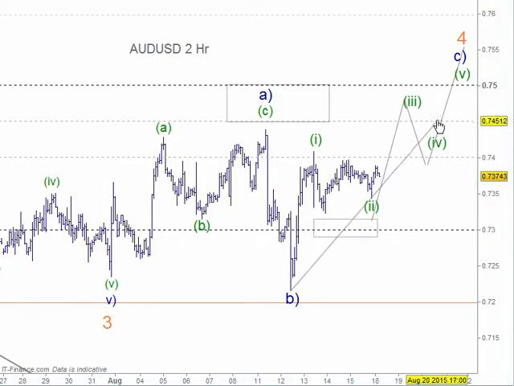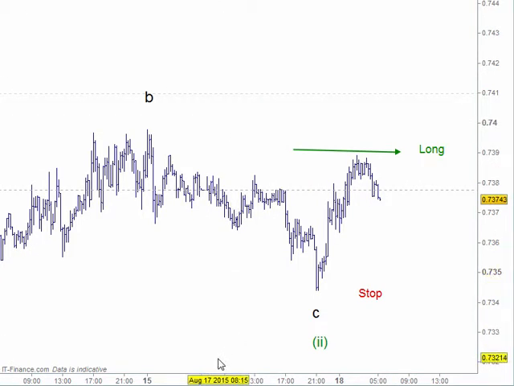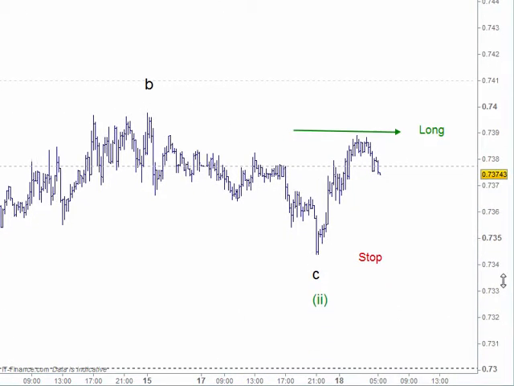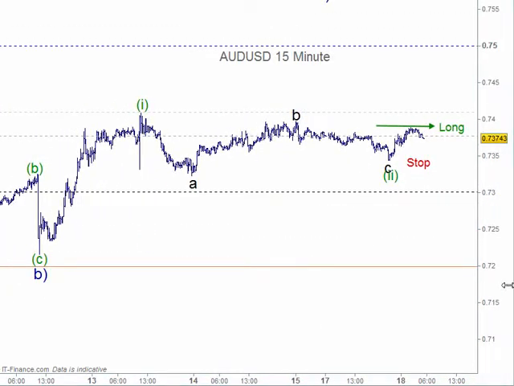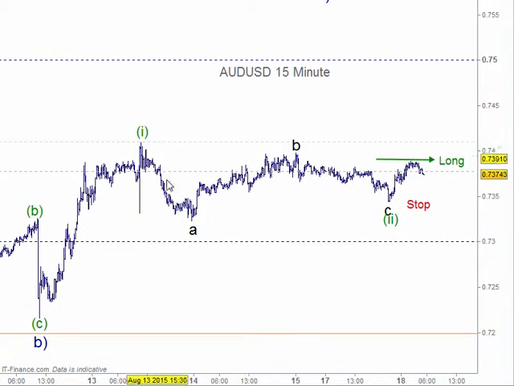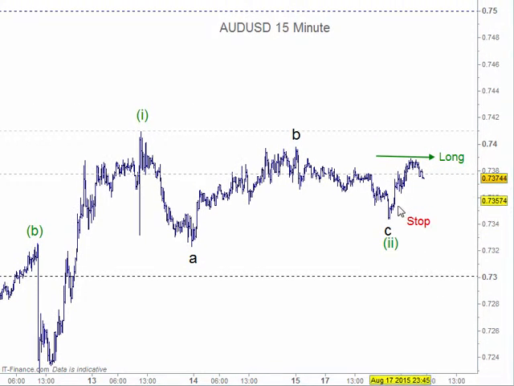So let's just do that on the 15-minute chart here. Just drilling in a little bit, get our bearings. We've got wave 1 here, an A and a B, and a bit of a rough C here, but all quite good in that regard. It does look rather impulsive to the upside.